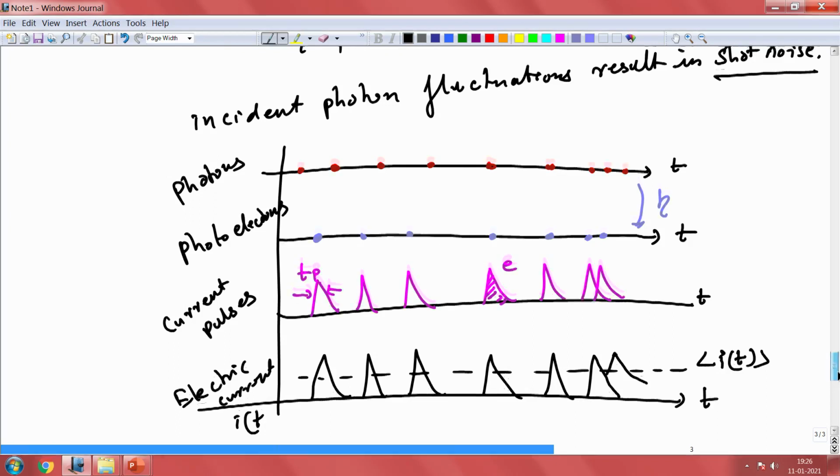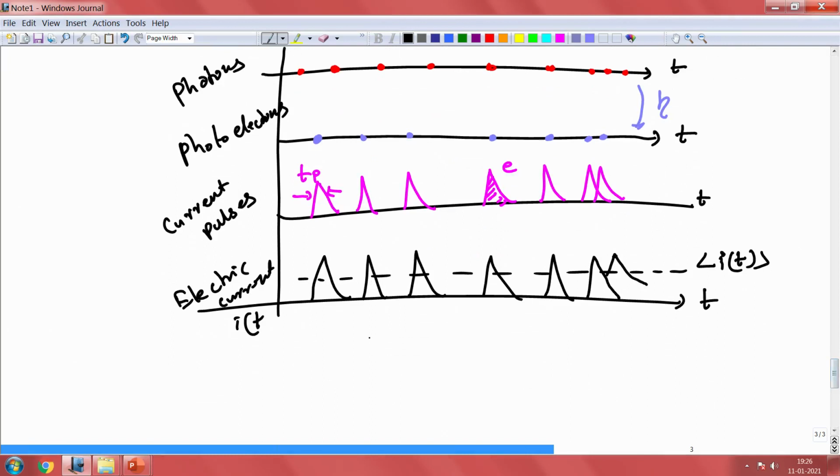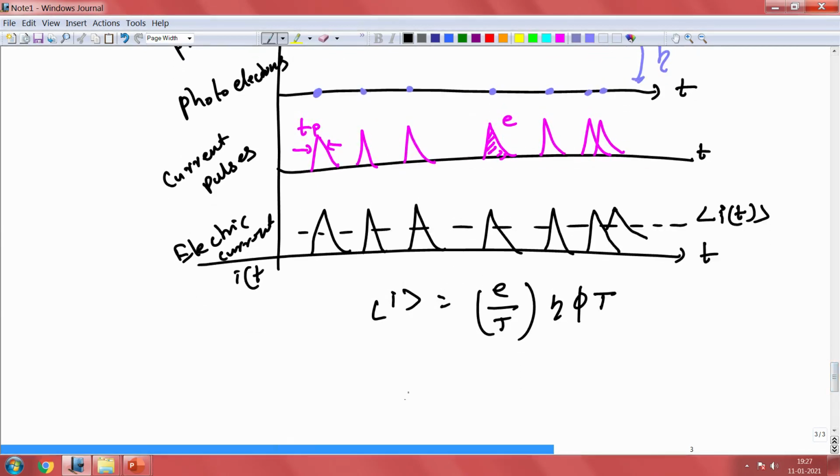So, now the photocurrent that we have just written is given by E over T times eta phi t, right. So, that is your photocurrent, or we will say mean photocurrent, and then the variance of current.